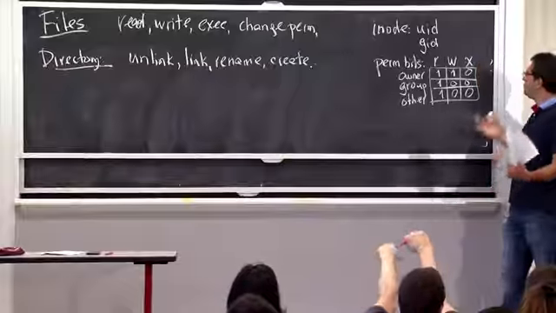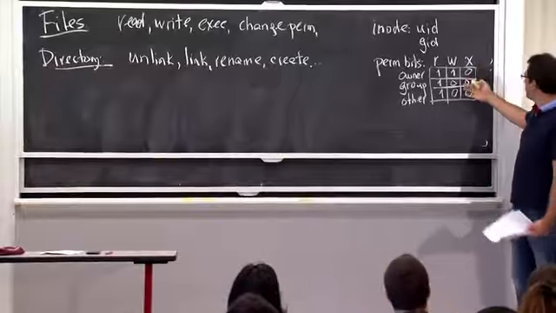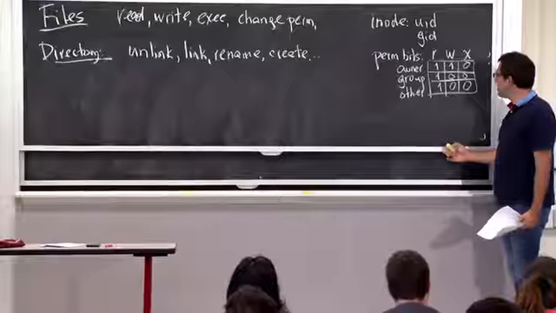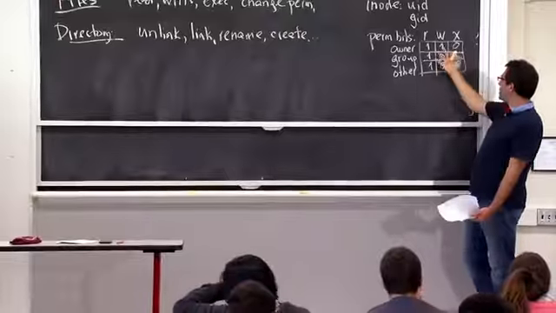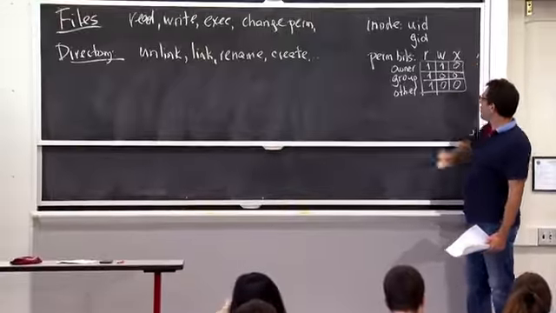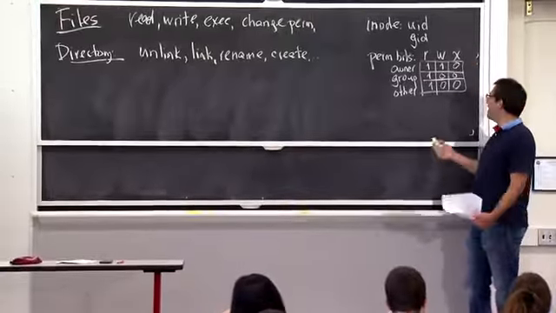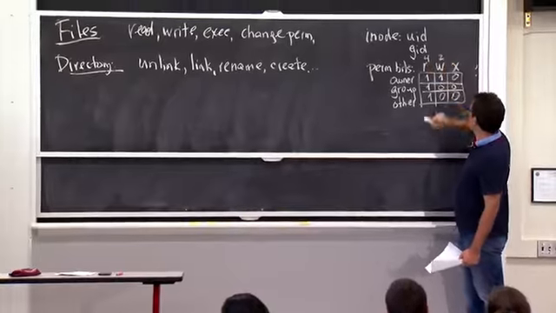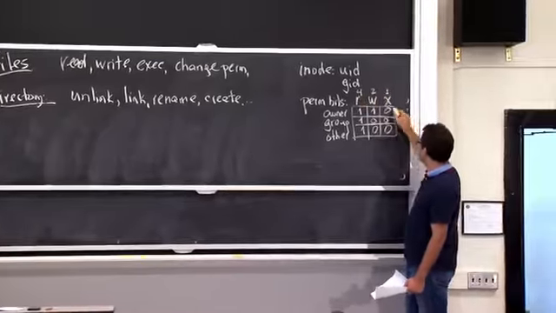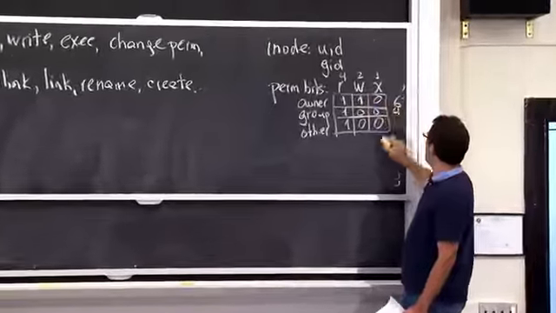And there's some Baroque way of encoding these things that you'll see often, so it's probably worth mentioning. In Unix, you encode this matrix as an octal number. So you treat each row here as a base 8 number. R is bit 4, W is bit 2, X is bit 1. So this ends up being 6, 4, 4.